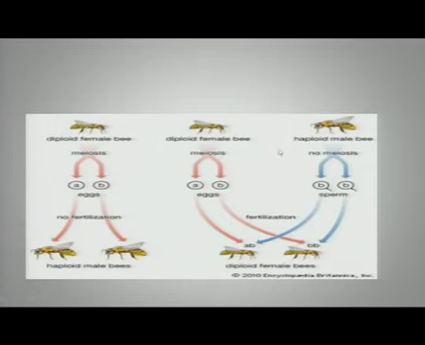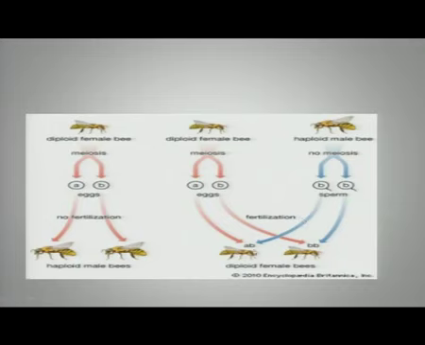Here again you can see the female bee produces eggs by meiosis, and the male bee produces sperm by mitosis.